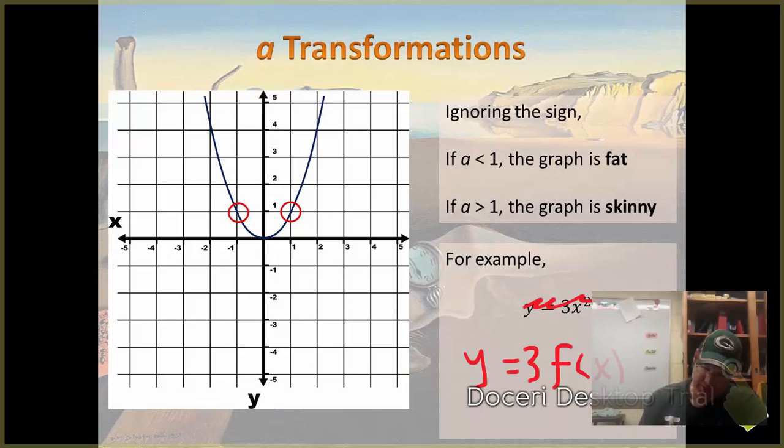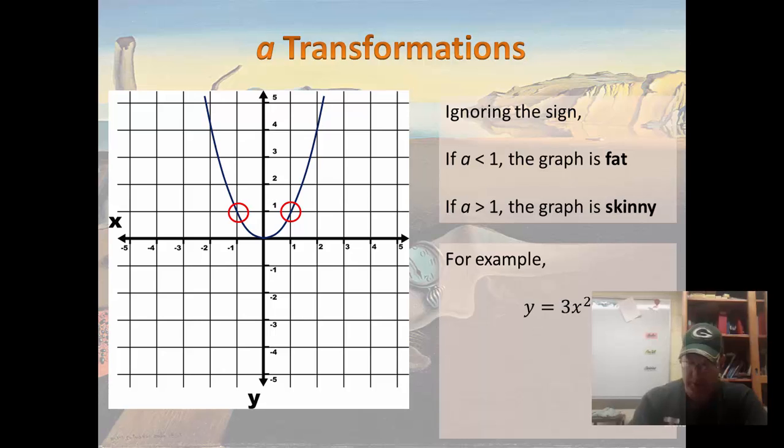Basically it's saying that y is going up 3 times faster than the original function. And if it's a 1/2, that's saying that y is going up half as fast as the original function. That's kind of why these transformations work the way they do.